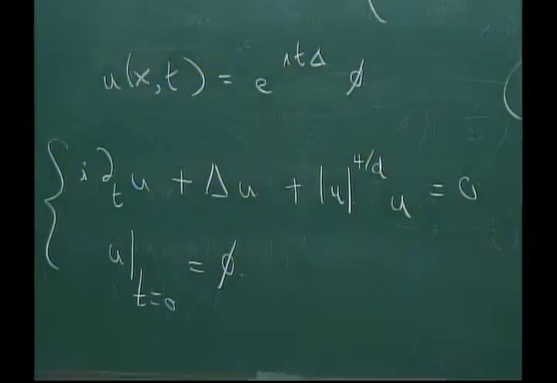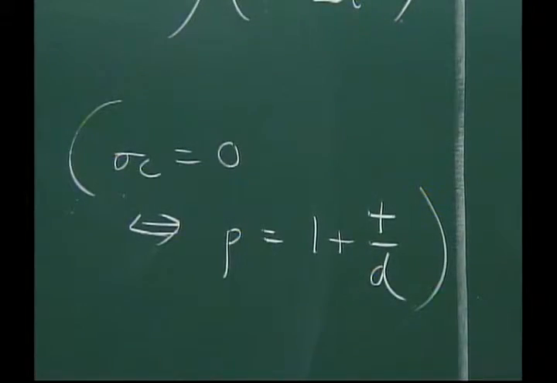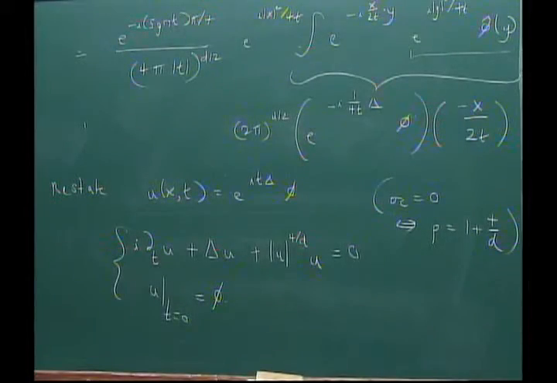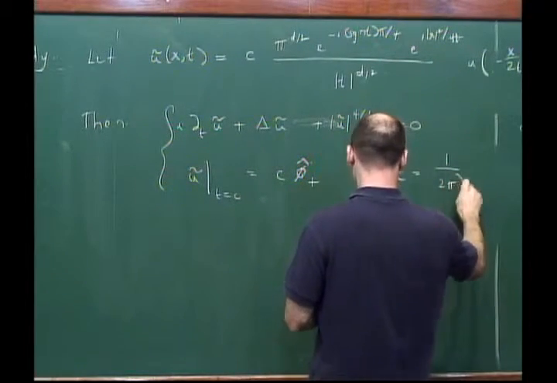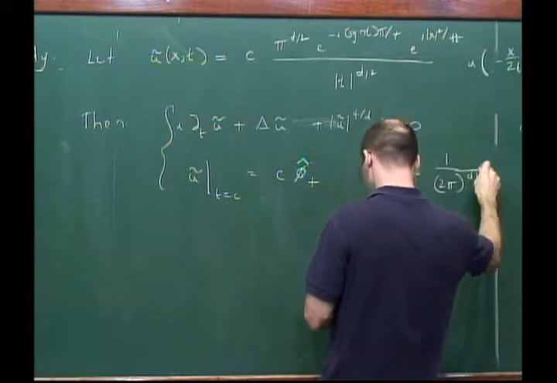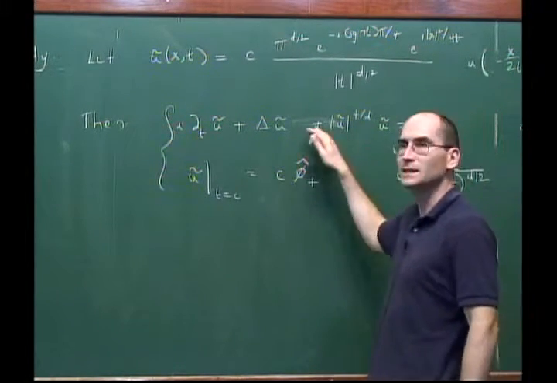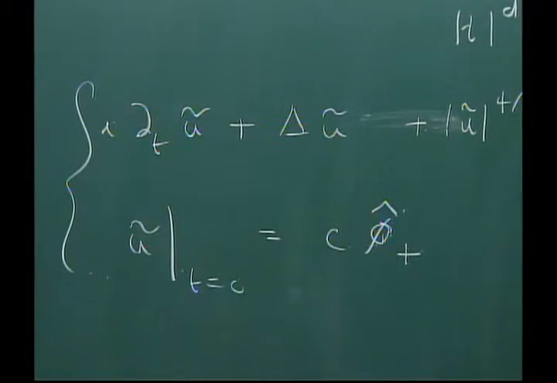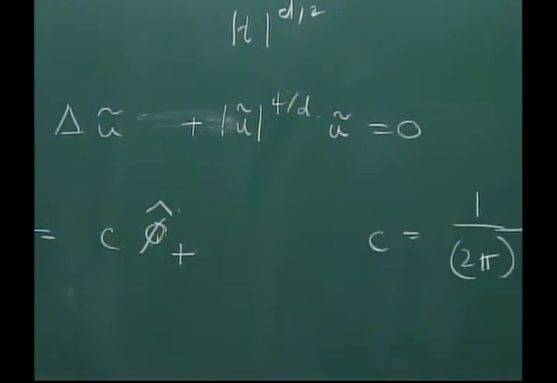This claim has to be checked by hand. Except now we have to change phi hat to phi plus hat, which I'll define in a second. And C has to be taken to be 1 over 2 pi to the d over 2, or it won't work. Because of the nonlinearity, amplitudes matter. It's not linear anymore, so it's only going to work for that particular constant C.